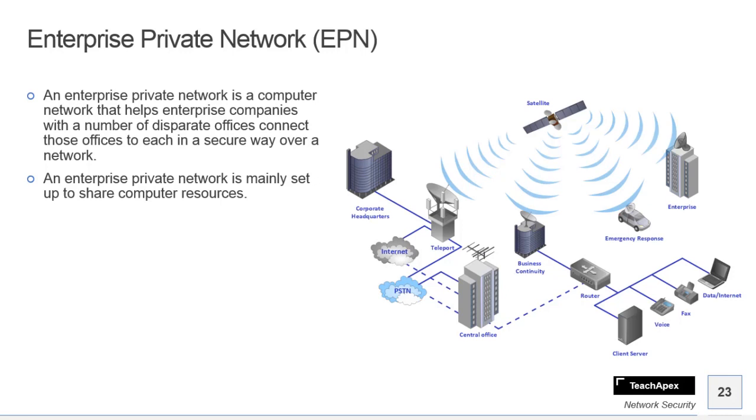A private network is enforced with many restrictions in order to create a secure environment. That's why organizations mostly use enterprise private network to maintain the integrity and confidentiality of their network, because this network is designed for maintaining the security of a network.